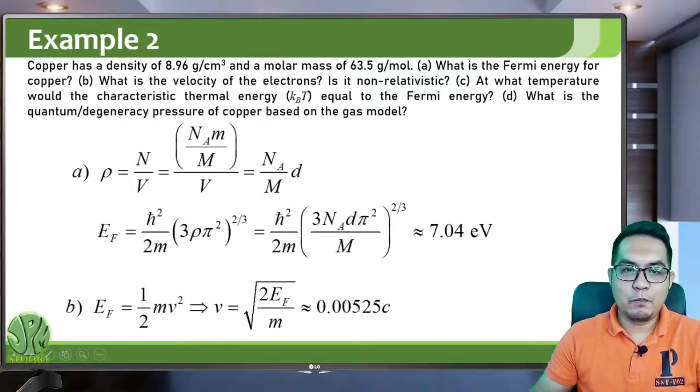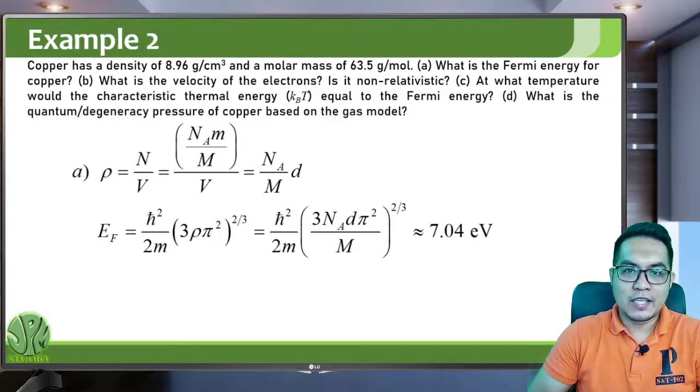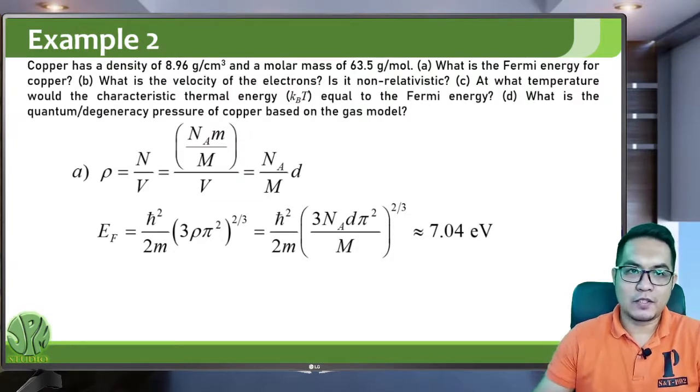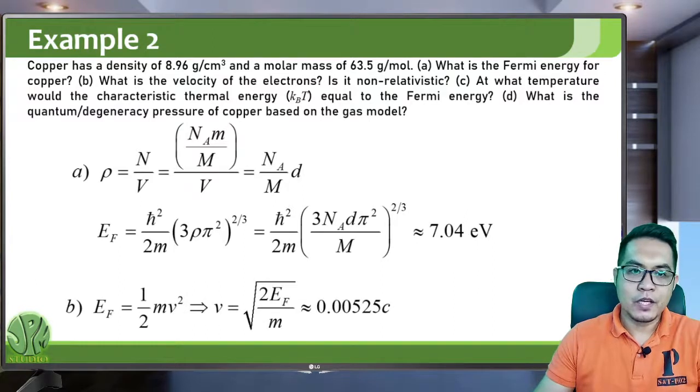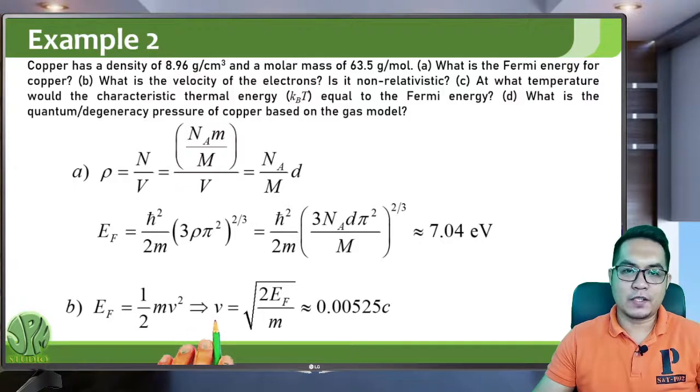So for letter B, what is the velocity of the electrons? Is it non-relativistic? Assuming that the Fermi energy, the energy of the highest filled band, is equal to the kinetic energy of the electrons in copper, then E_F is 1/2 mv squared, and you can solve for the velocity.